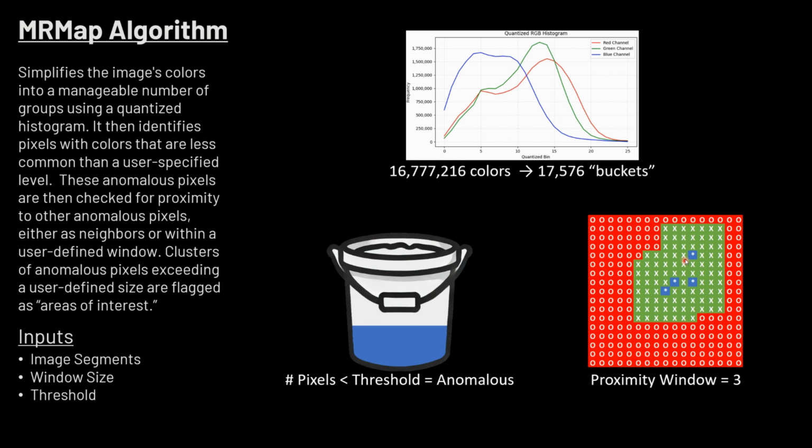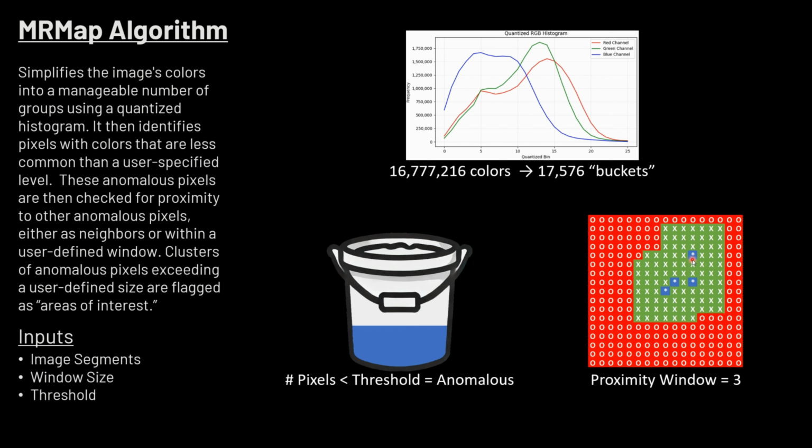And then we can bring it all together and we look for other anomalous pixels in the image and group them together into those anomalies. So that 3-step process: we create the quantized histogram, we evaluate the histogram to see which of the buckets are below the specified threshold, and then we find our anomalies within those pixels, combining those pixels into anomalies so that we can identify those as areas of interest.